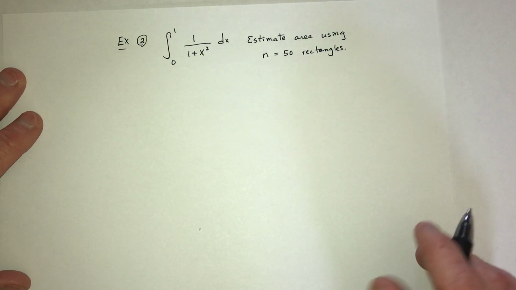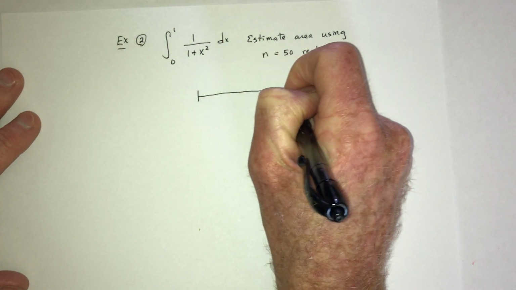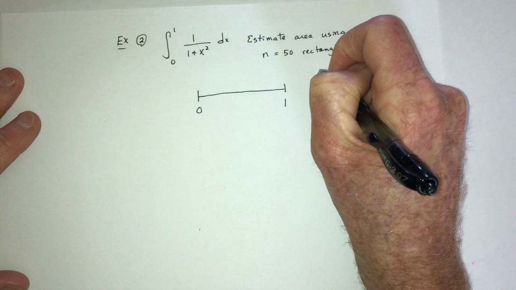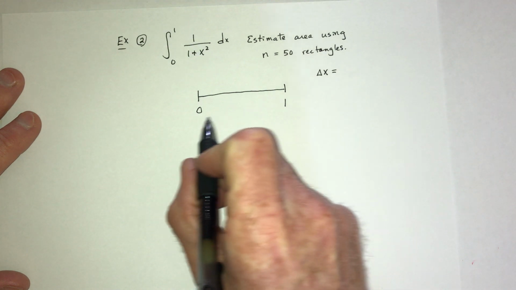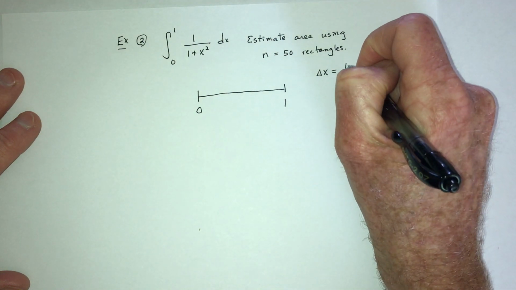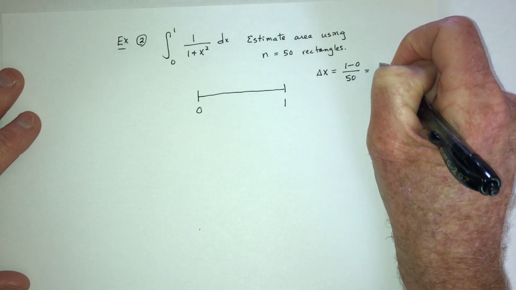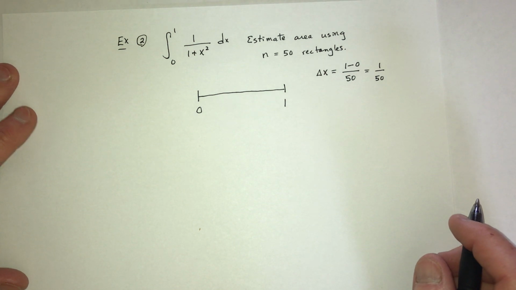So I don't really need to draw the function, but I do need to look at the x-axis. So the x-axis would be going from 0 to 1. And for delta x, you subtract those two numbers, so 1 minus 0. And then that gets divided into 50 pieces. So each one is going to be 1/50th.